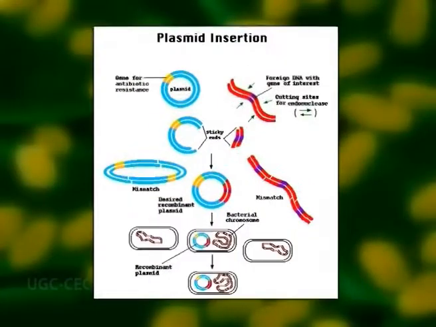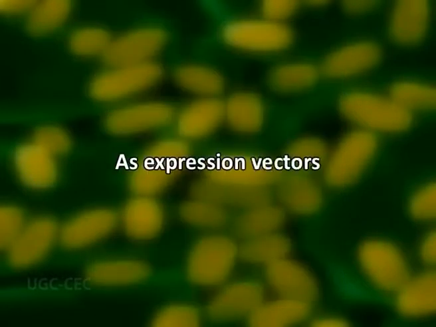The inserted gene is then cloned or copied as the plasmid replicates in the bacteria or as the bacteria divides. Bacteria are also used as expression vectors. The bacterial plasmids are also used as expression vectors to study expression of a gene or the rate of gene expression for synthesis of gene products.